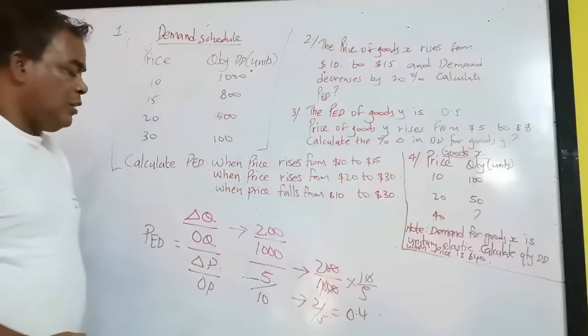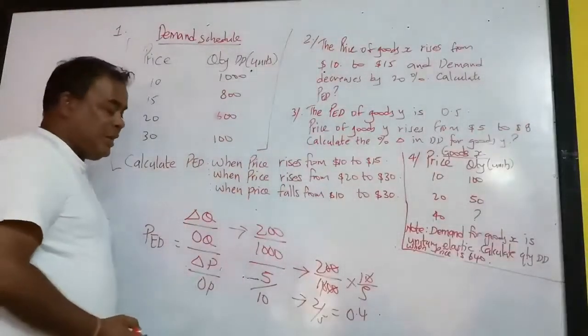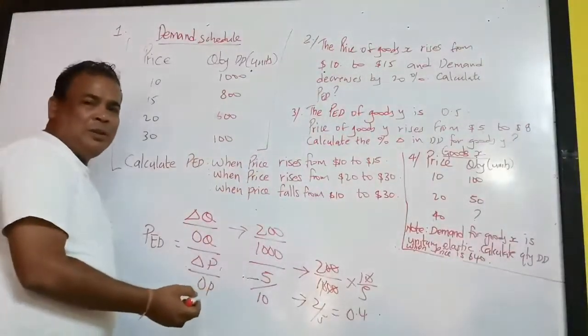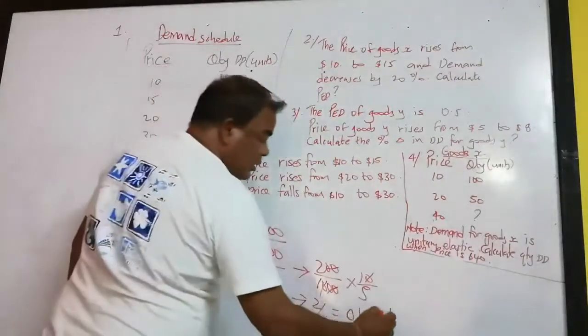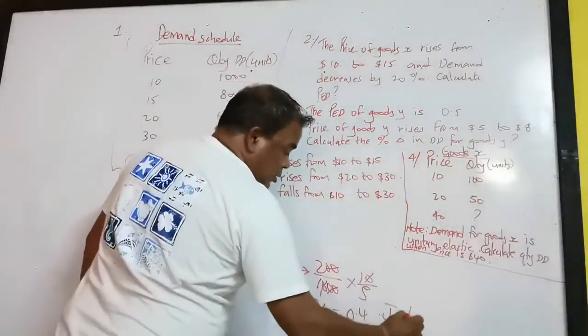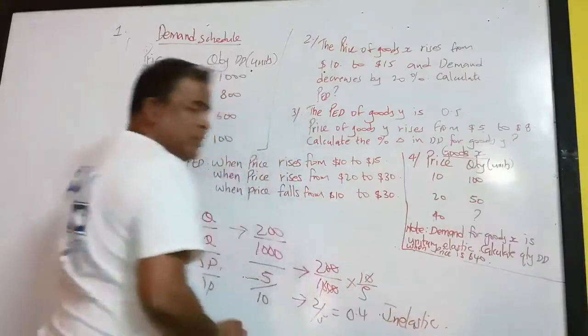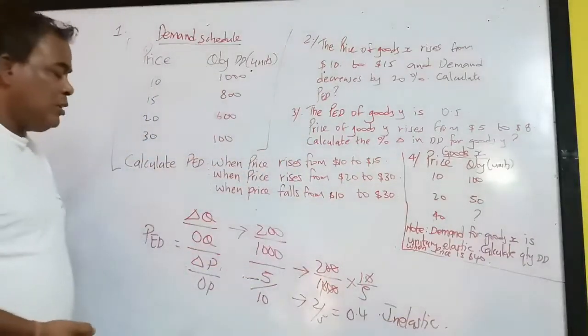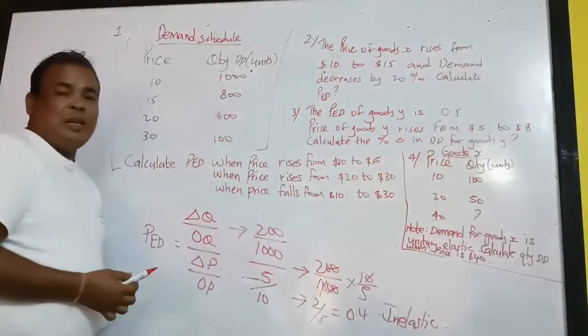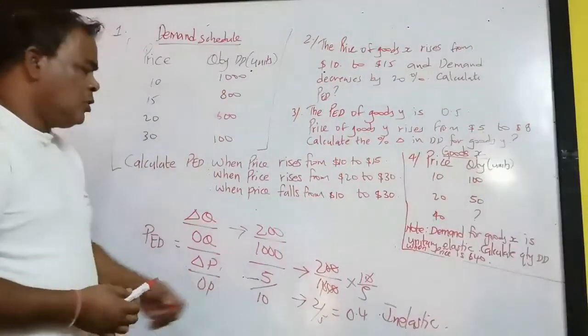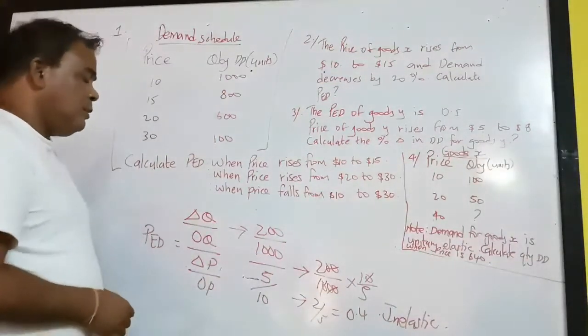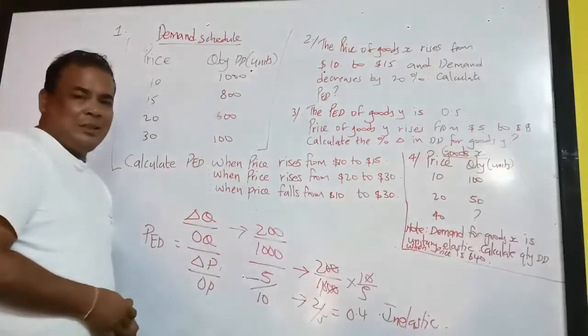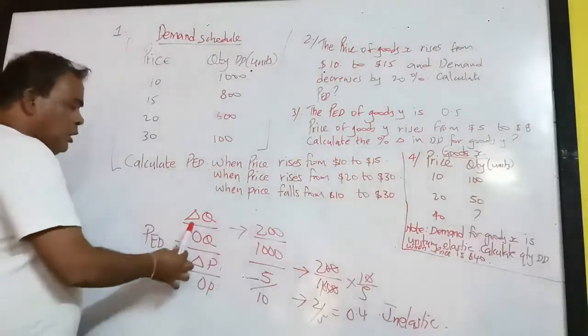Since we get the coefficient of price elasticity of demand less than 1, we say that demand is inelastic. It is good to write it down, inelastic, so that you can remember: when the coefficient of elasticity of demand is less than 1, demand will be inelastic. So it is very easy to apply the formula.